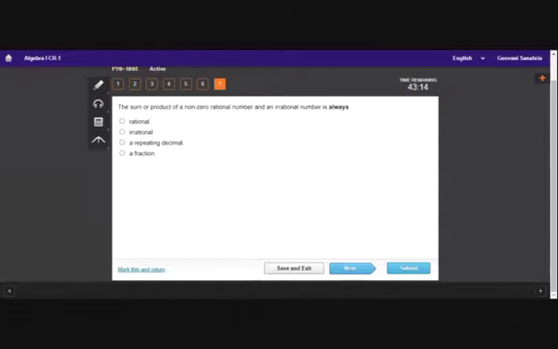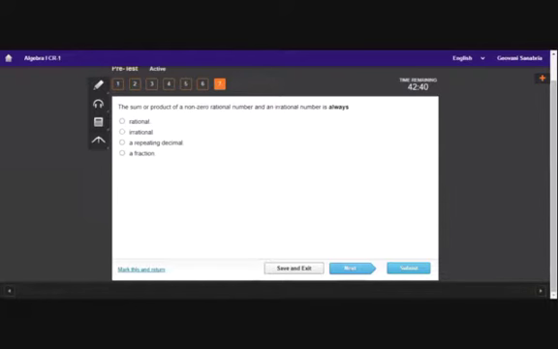And then the product. Let's do a rational number like 2.5 times an irrational number, times pi, equals. And you get an irrational number, 7.85.